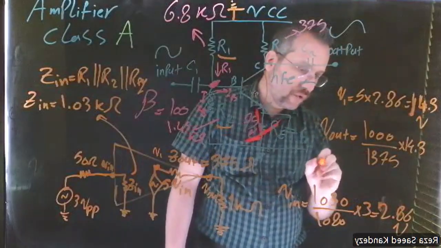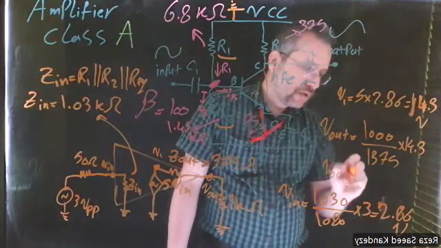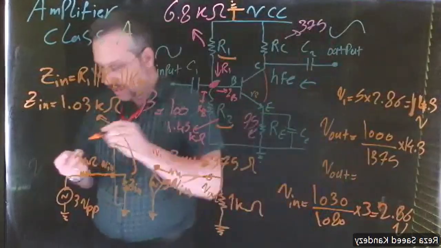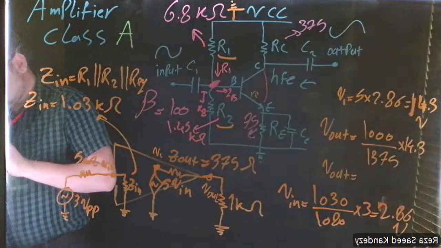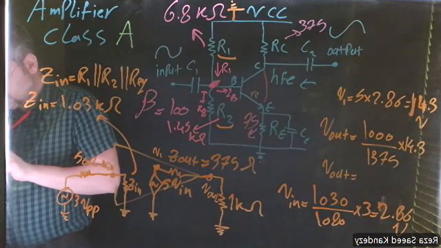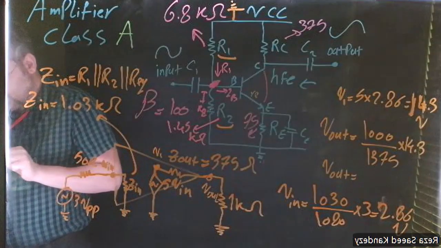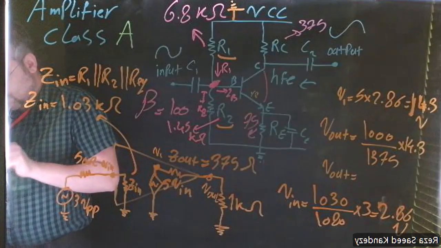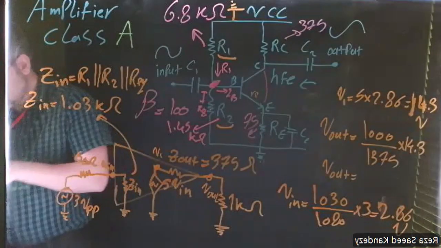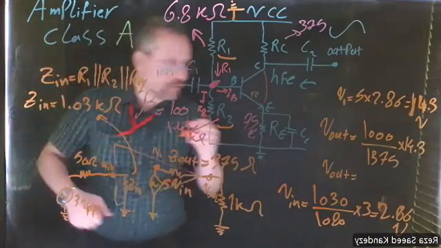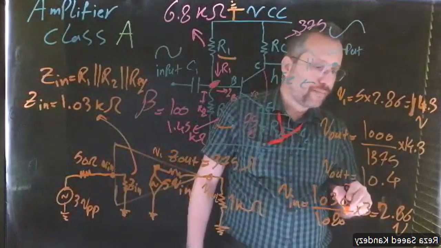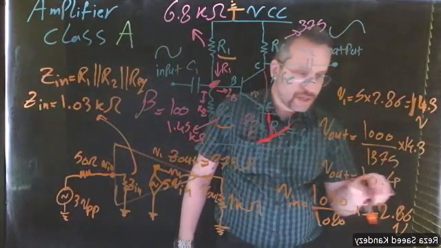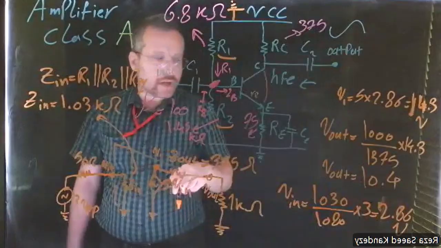Therefore, V out becomes, let me calculate that, 1000 over 1375 times 14.3 is 10.4. 10.4.